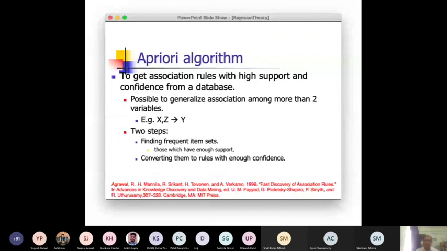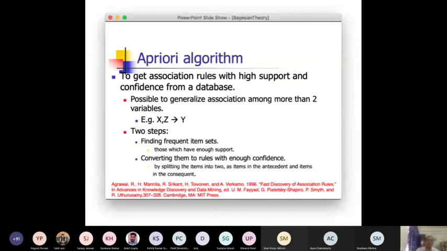Now you try to find out whether a part of it implies the other part. That is the kind of association relationship you are trying to find out. That means a part of it will be in the antecedent, and the other part will be in the consequent.